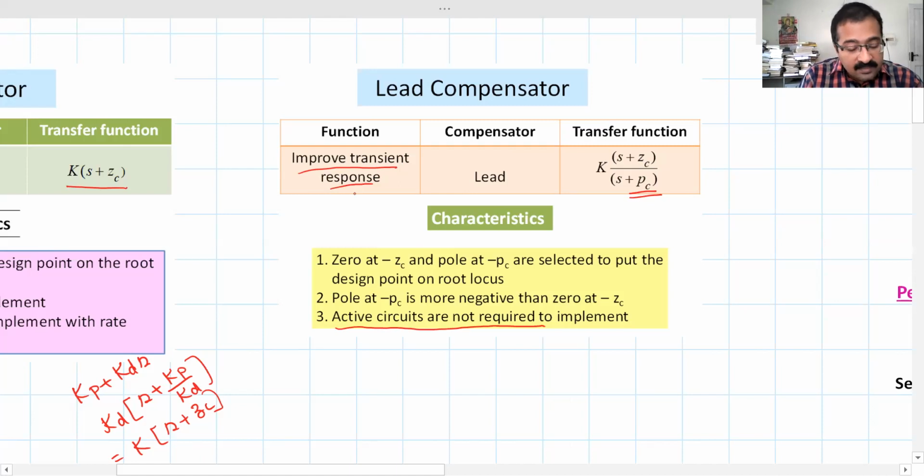Keep in mind, a PD compensator will insert only a zero at s equal to minus ZC, whereas a lead compensator will insert an additional pole in addition to the compensator zero. The advantage is that we can implement a lead compensator with a suitable combination of resistors and capacitors. So let us take up one design problem each for the PD as well as the lead compensator.